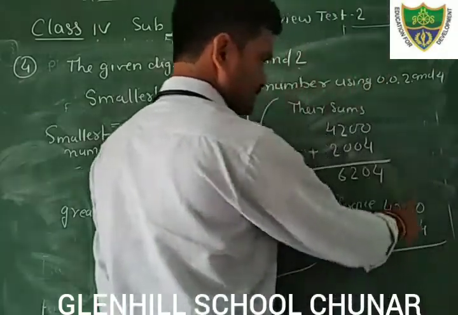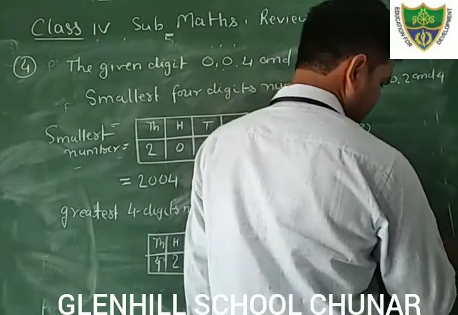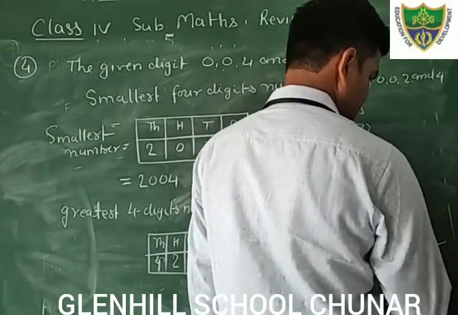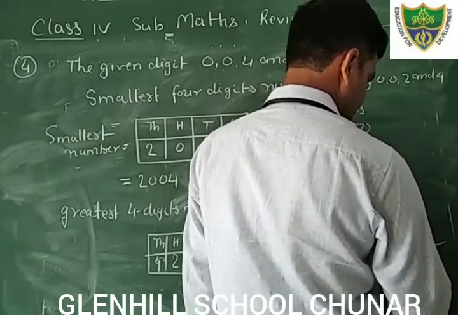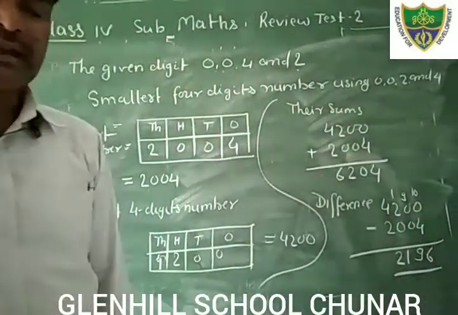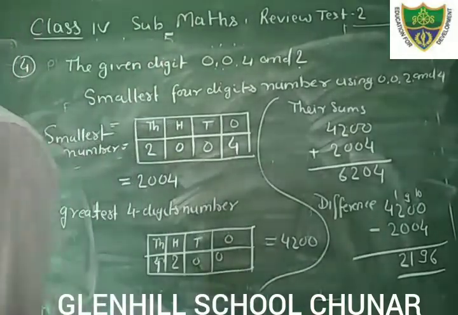When we subtract it, here the 0 will take the carry, that will be 10, 10 minus 4, that is 6, here it will be 9, 9, and it will be 1, and it is 2. So difference is 2196 and sum is 6204. Okay, you note it.